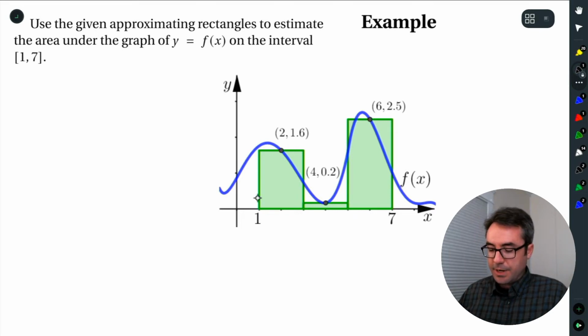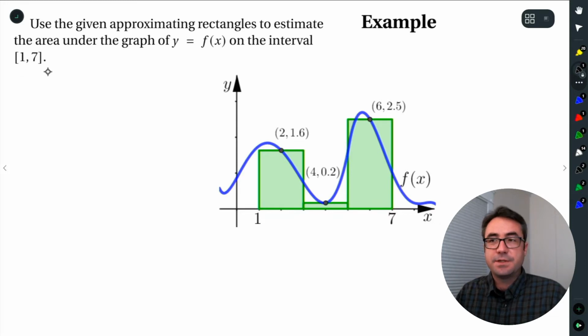So essentially what we're trying to do is find the area under this curve on the interval from 1 to 7. And what we can see here is that on this interval from 1 to 7, we've split it up into 3 different sections. So we have this first rectangle that goes from 1 to 3.